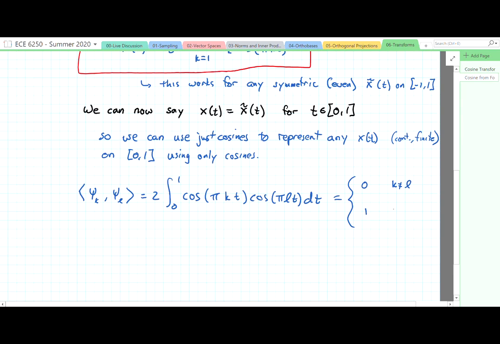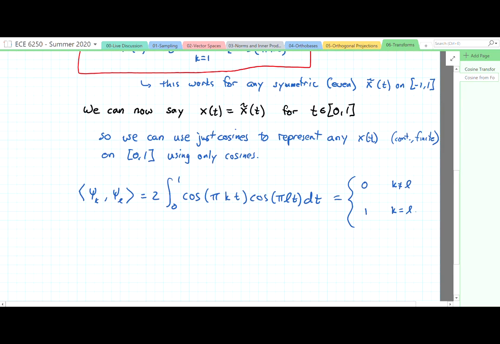And when k is equal to L, then we have a cosine squared function, and that can be written using a trig identity as 1/2 plus 1/2 cosine of twice the frequency. Well, integrating over the cosine part is 0. Integrating over 1/2 gives you 1/2. The 2 out front gives you a 1. And we're done.